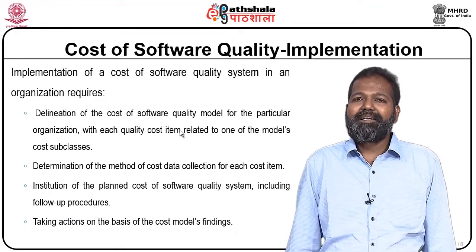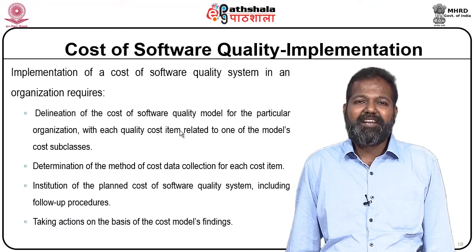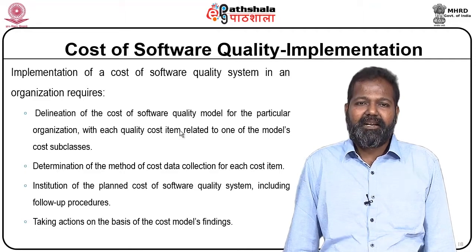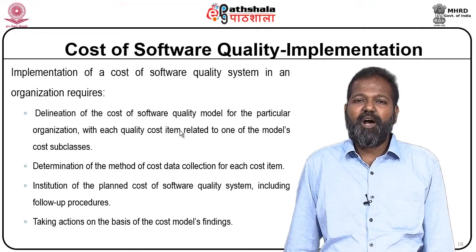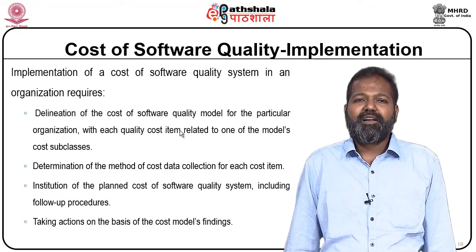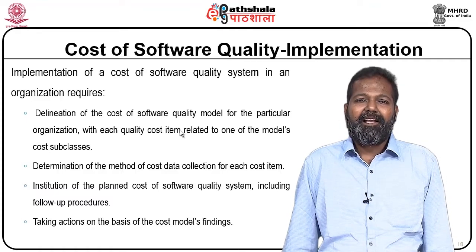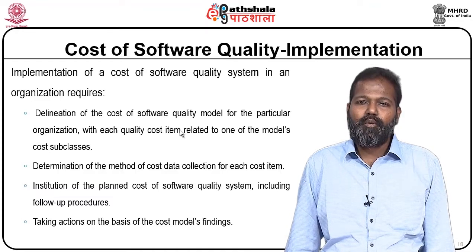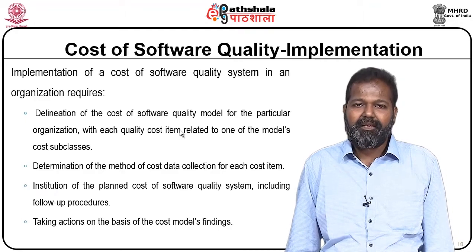Cost of software quality implementation. Implementation of a cost of software quality system in an organization requires delineation of the cost of software quality model for the particular organization, with each quality cost item related to one of the model's cost subclasses.